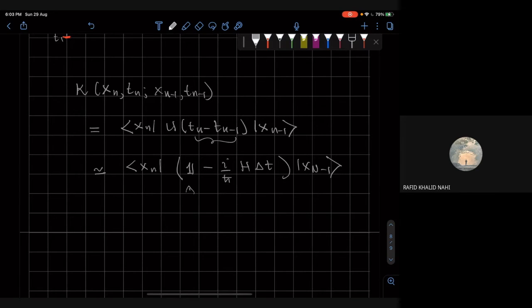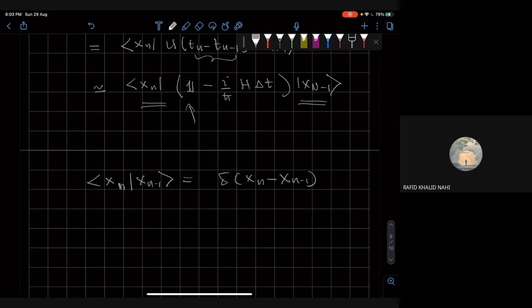Now, in this term, see that this guy is going to collide with this guy. And therefore, we can use in that expression that the inner product of x_n and x_{n-1} is going to be a delta function of x_n minus x_{n-1}.